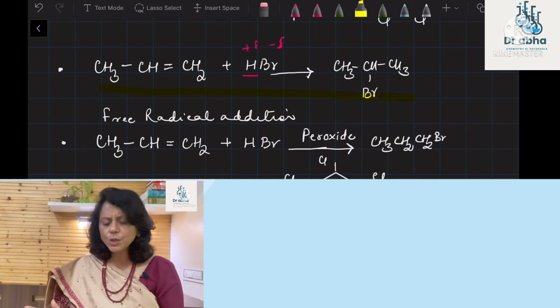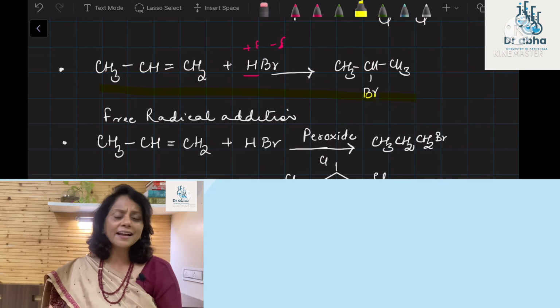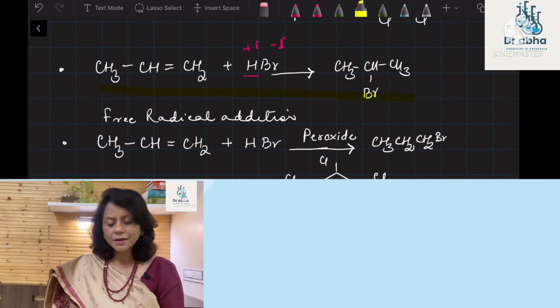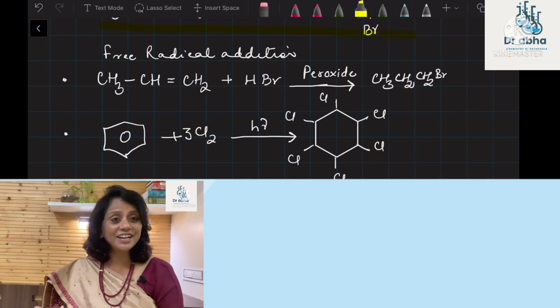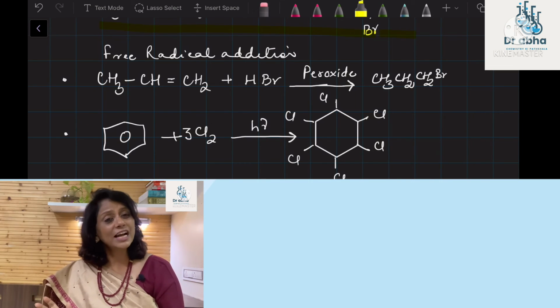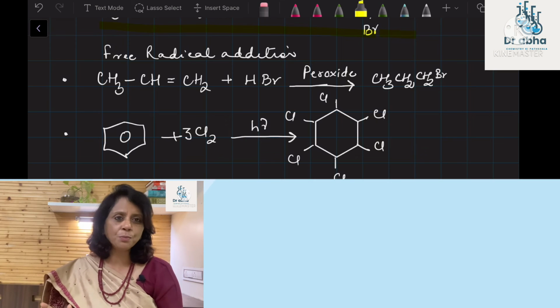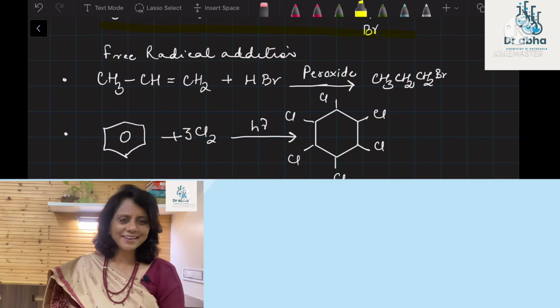Okay, so generally you will see alkenes and alkynes undergo electrophilic addition reaction, and there is also a free radical addition on alkenes and alkynes, which is when we do not follow Markovnikov. That will only happen with HBr in the presence of peroxide, right?